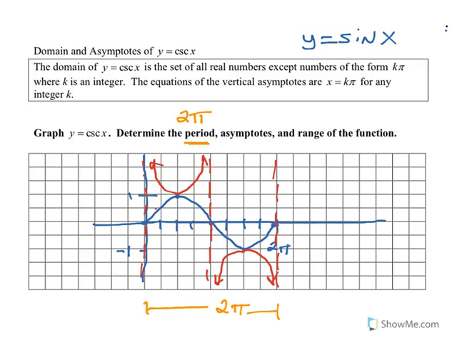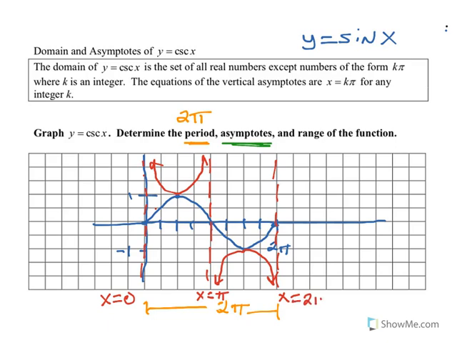The equation of the asymptotes, there's technically an infinite number of asymptotes. So notice if we look at these asymptotes, the first one is at x equals 0. The next asymptote occurred at pi, so x was equal to pi. The next one was x equals 2 pi.